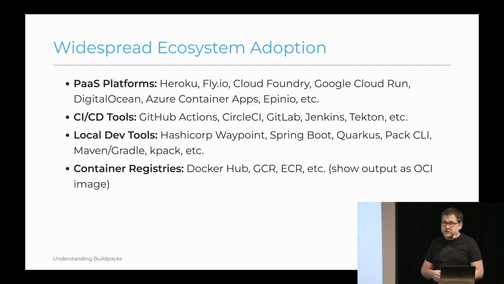Quarkus also has an extension. I know Quarkus usually comes with three different Dockerfiles when you create a project, but you could also use Buildpacks for that. Then we have the pack CLI, and many other tools as well. And the container registries also show the output in a proper way, so that you can see what created this layer.